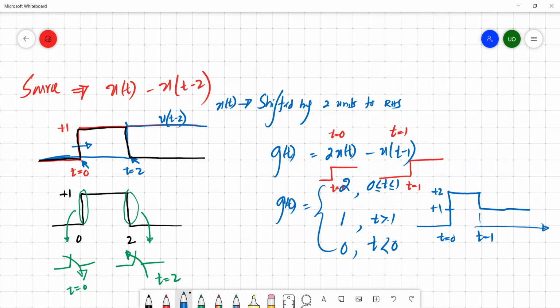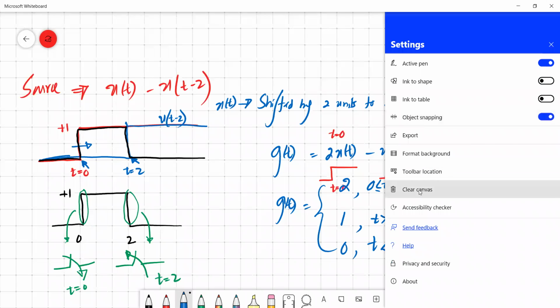Likewise, any kind of staircase scenario or rectangular pulse can be replaced with unit steps. At the same time, any kind of switching operation, along with the source, you can simply replace using a unit step function. So this is the simple summary of the last session. Do you have any questions so far?